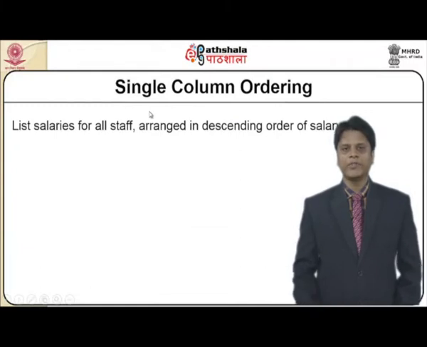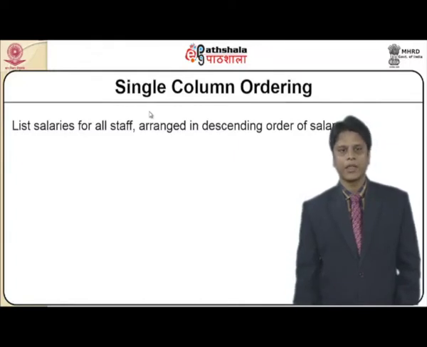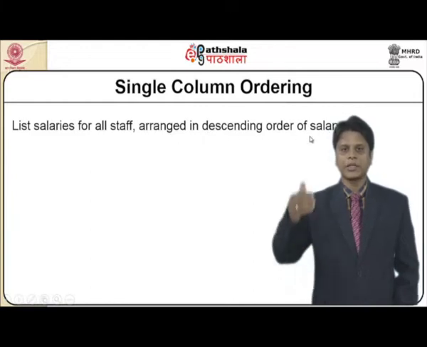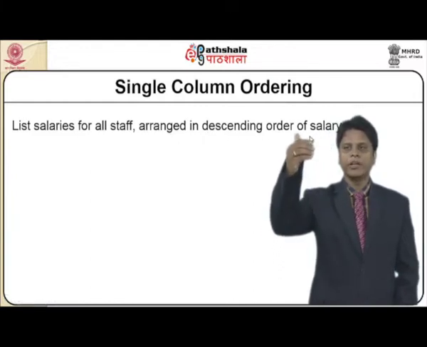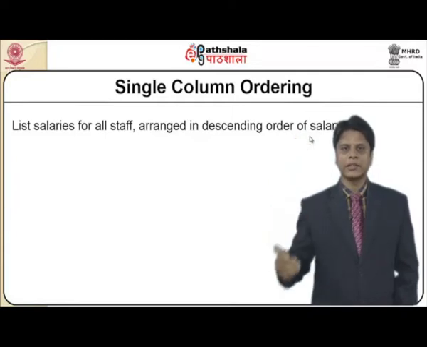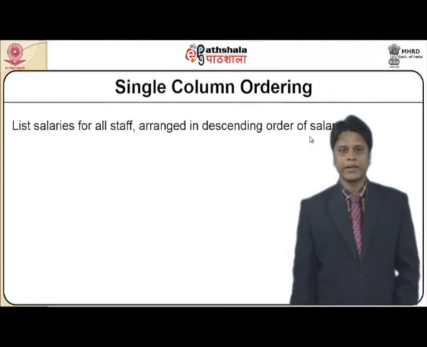Another operator that we have introduced in the syntax is ORDER BY. Now we will look at how this ORDER BY is used. List salaries for all staff arranged in descending order of salary. So I have to present the topmost salary in the beginning, followed by the lesser salaries from the salary table.